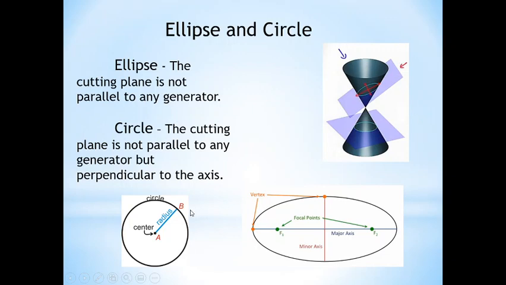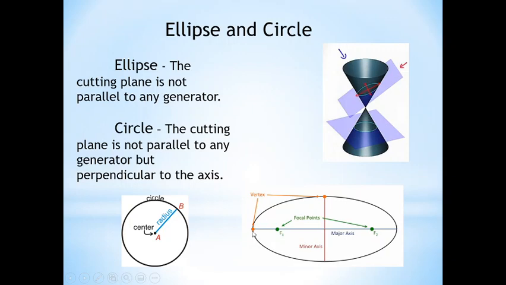And for the parts of the circle in the conic, the most important part of the circle is the radius, or the diameter. So, that is all we need for the circle. And for the ellipse, we need quite a few. So, we have the major axis, the longer line, the minor axis, the shorter line, and then two foci, and then the vertex.